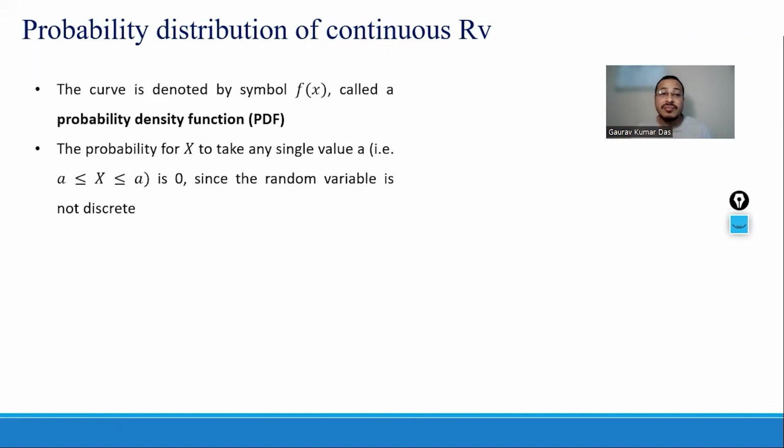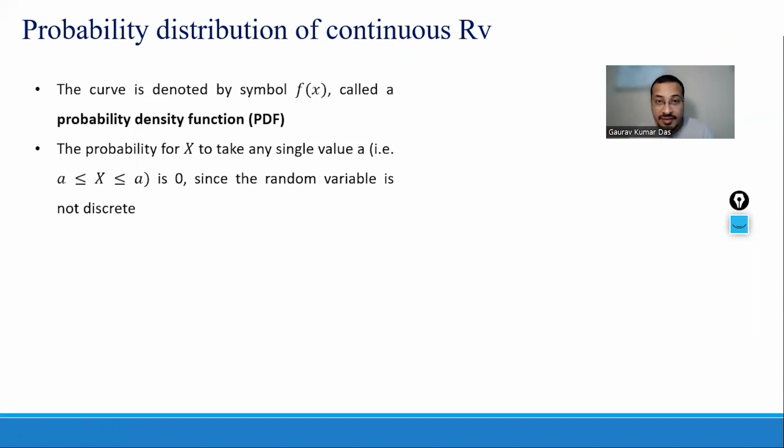Since the random variable is not discrete, since it is continuous, we cannot find the probability of an event equal to some particular value. In the previous case, when we did the Poisson distribution and binomial distribution, we extracted the probability of x equal to 0, x equal to 1, x equal to 3, because they were discrete data points.